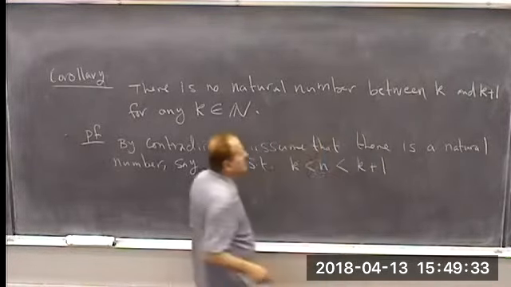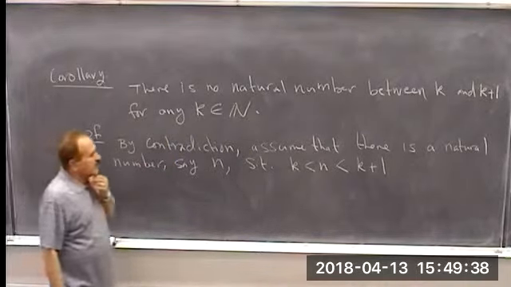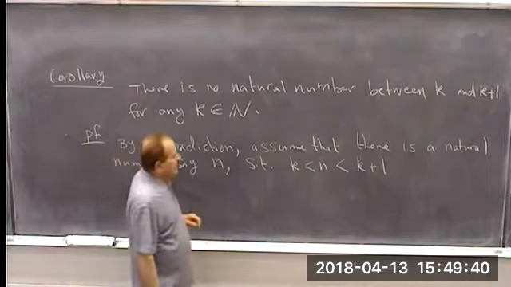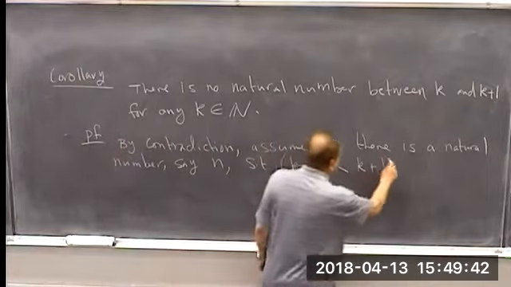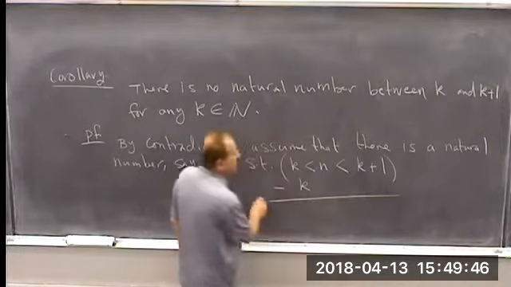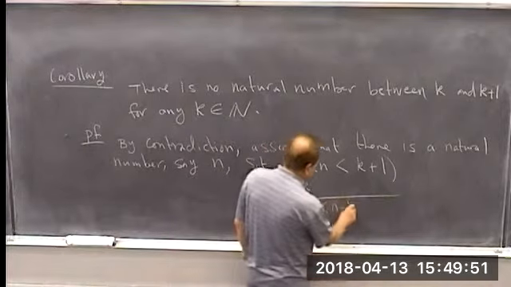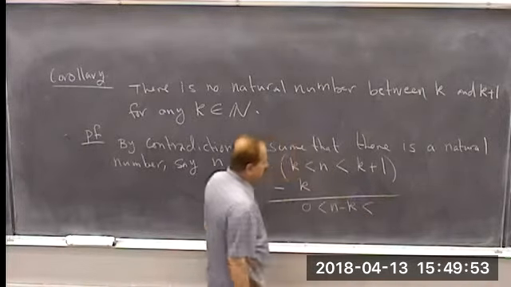So it's strictly between them, we're not putting any equalities in there. We're going to subtract k from this, and we get 0, n minus k, and 1.